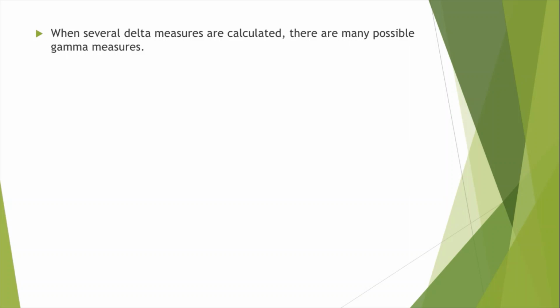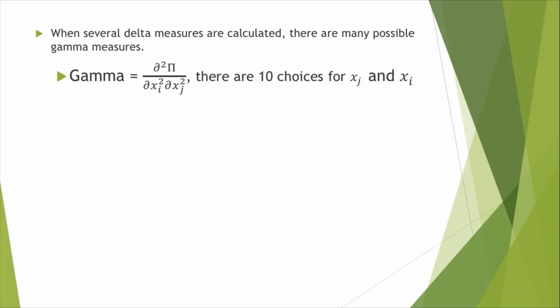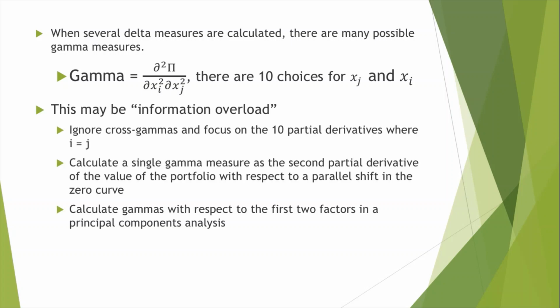Now, when these deltas are calculated, there are many possible gamma measures. A gamma is a second partial derivative, as you can see there, where there are 10 choices for xj and xi. The Π corresponds to the portfolio value, and since there are many possible gamma measures, this may be an information overload.